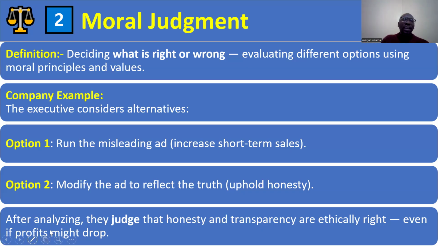So after analyzing, they judge that honesty and transparency are ethically right, even if profits might drop. So this manager can decide, okay, transparency is something that is good, and that is what we are going to stick with, even if we are not going to get profit, but it is right. We are doing the right thing.